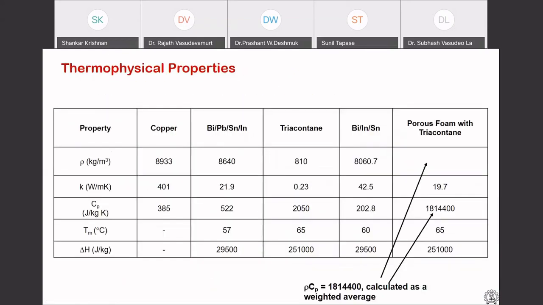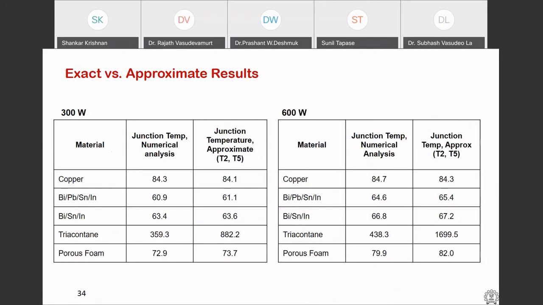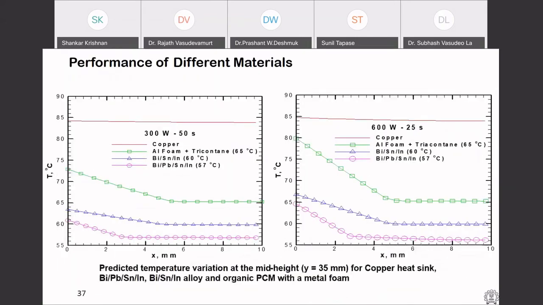You can see the thermal conductivity of tricontane, which is an organic phase change material, is only 0.23 watt per meter Kelvin. It's so poor that it's of no use. And the thermal conductivity of the leaded alloy and the unleaded alloy is quite reasonable for the work that we are doing. So that's the advantage of phase change material.